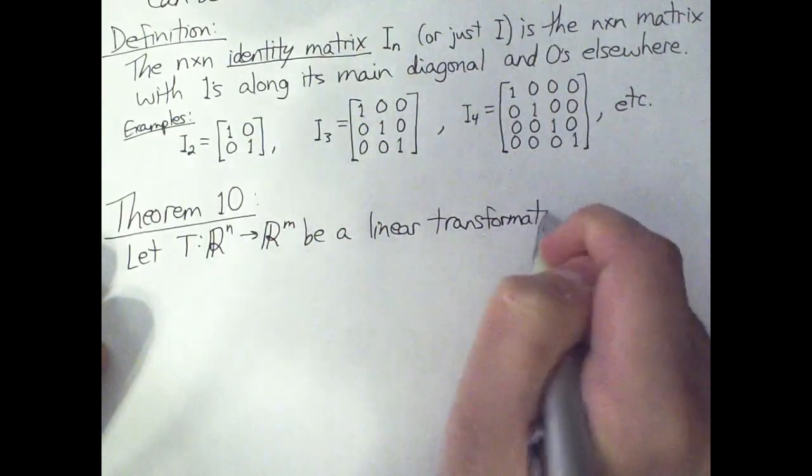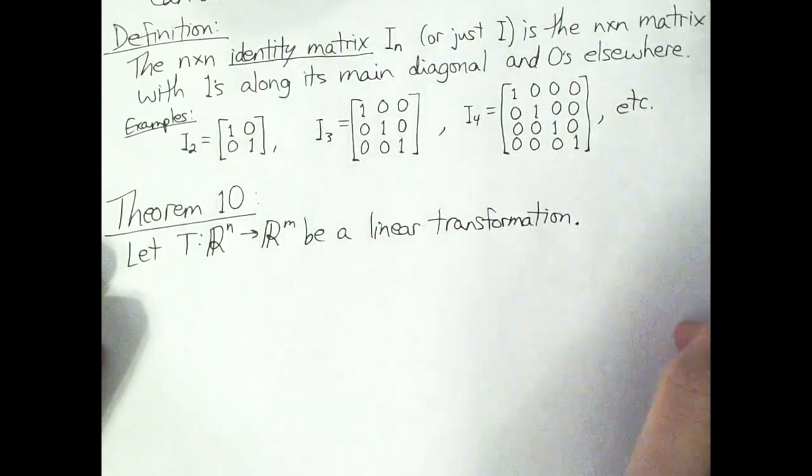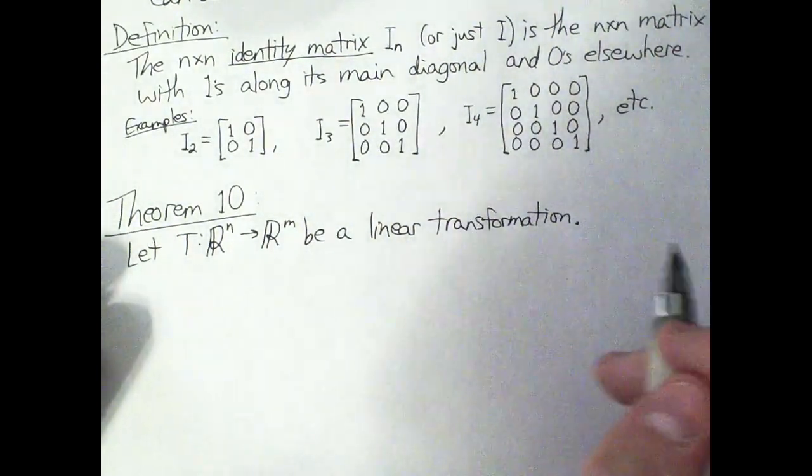We're not making any assumptions on how the linear transformation is given. Is it given in the form of a matrix? Is it given in the form of a formula or something else maybe?